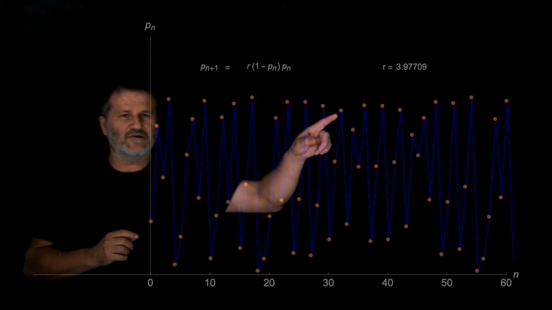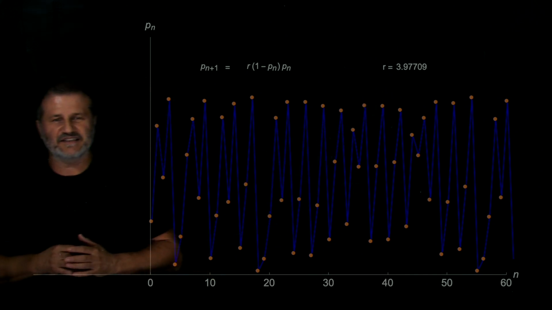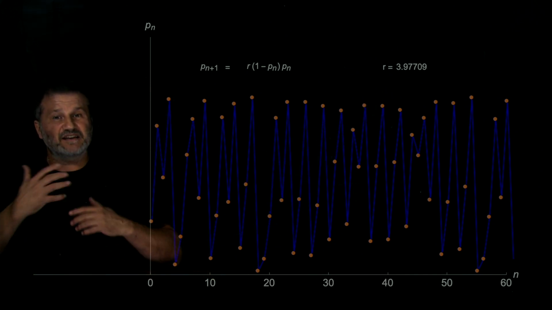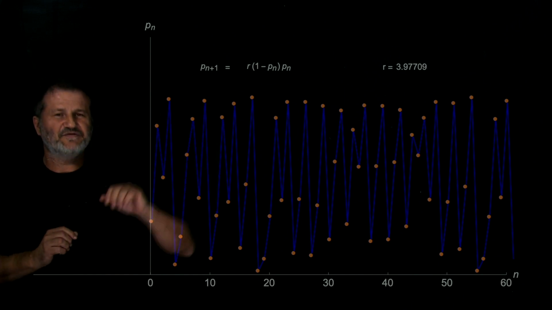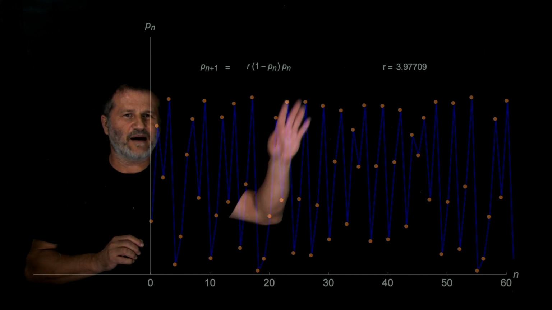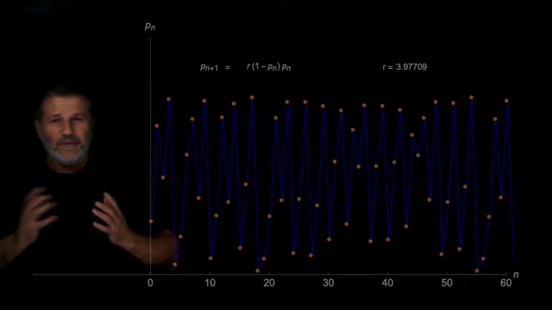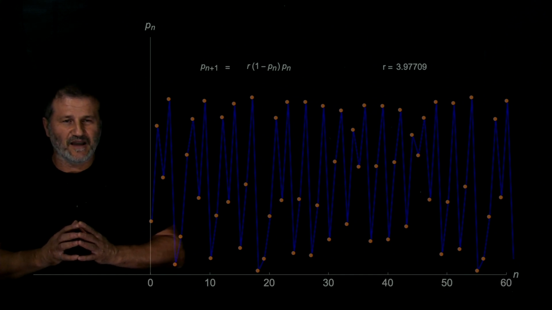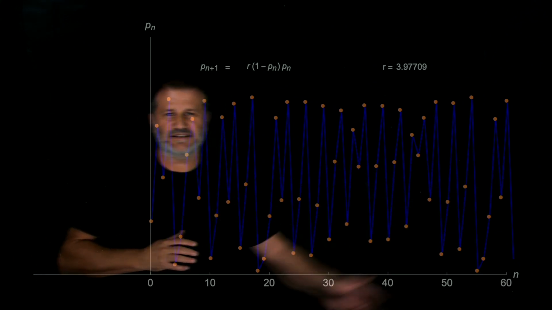This is now a picture when r has been fixed to 3.97. And here you can see a second feature of these dynamics. Here r is fixed. You see that the movement of P_n is up and down, touching values in the middle, with apparently no regularity. So it's hard to see what the behavior is after n equals 60 in this case.